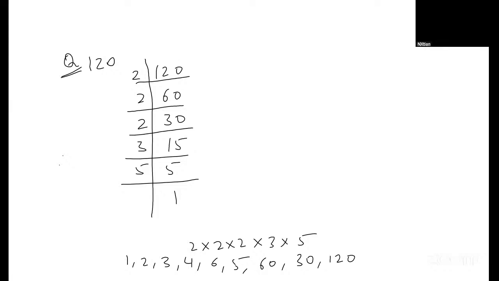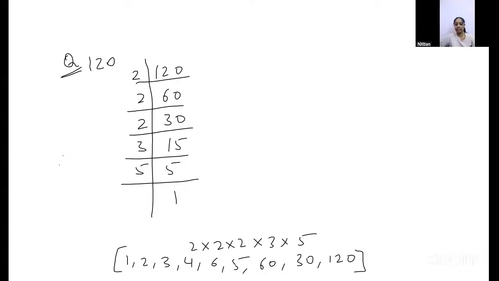Then 60 into 2. Then 30 also is divisible, and 120 itself. It's correct, Abraham. All of these are the factors of 120.